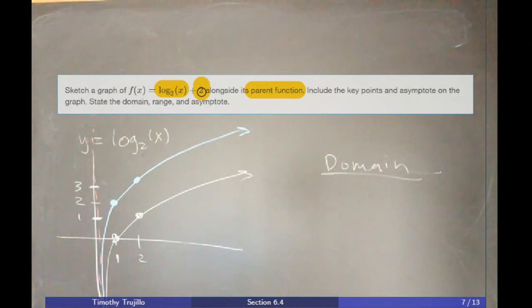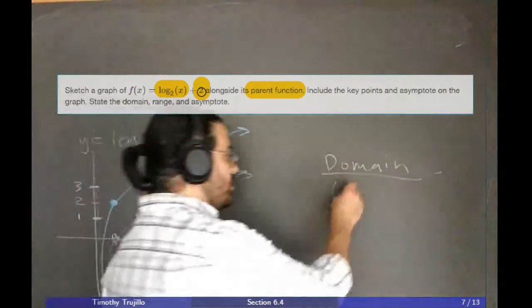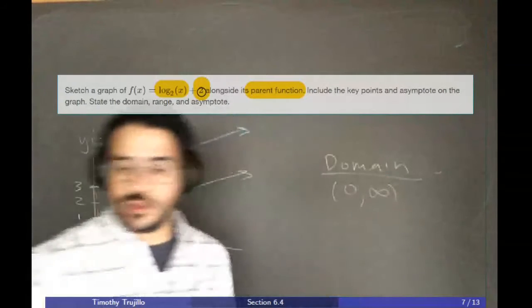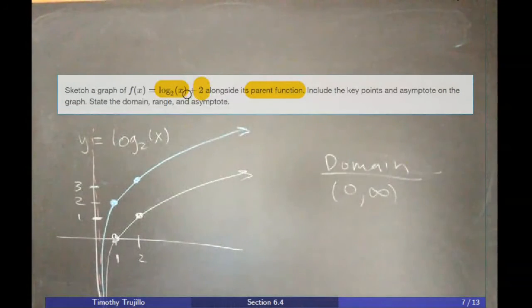Yeah, it's just 0 to infinity. So the domain is 0 to infinity. And again, it's simply because you can't plug in anything here other than a positive number, right? So here, the things that you could possibly plug in are these things from 0 to infinity.